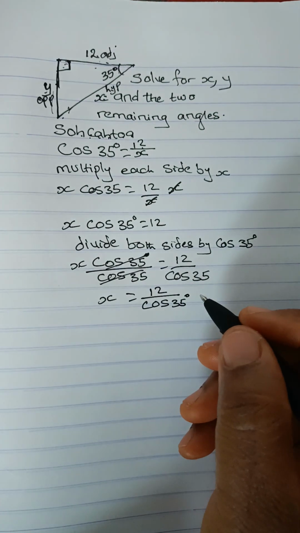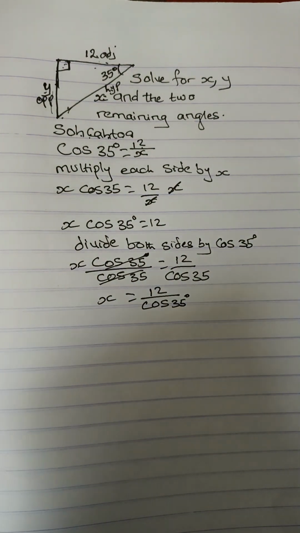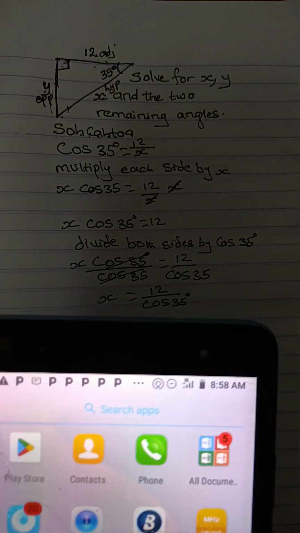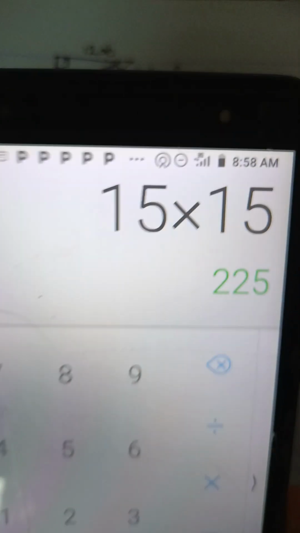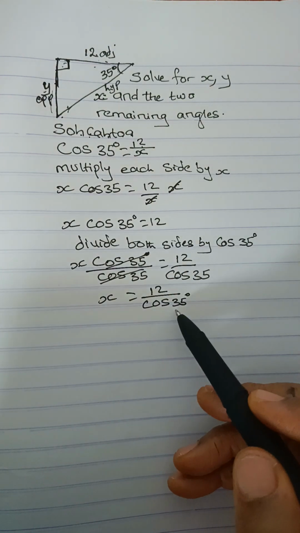So what do we do at this point? We just use our calculator. In case you're not familiar with doing this, I'm using the calculator in my phone. So we're solving 12 divided by cos 35.